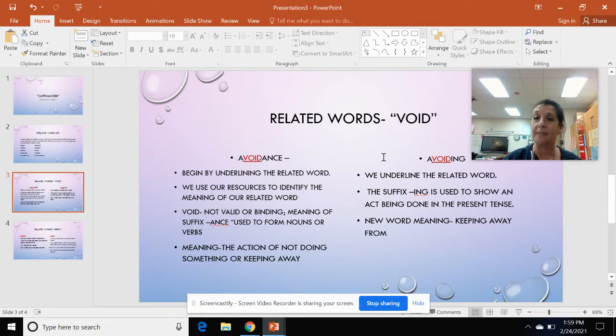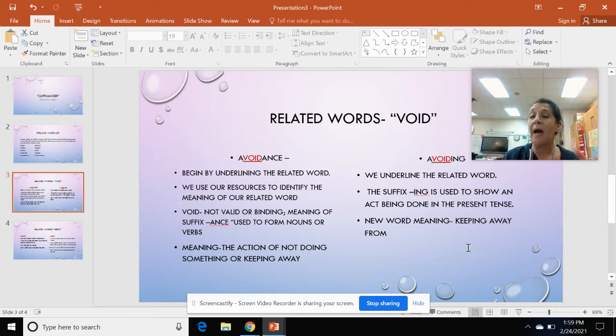Okay, very good. Now, let's take a look over here. Avoiding is going to be a little bit different. We still have underlined. We still have the same related word. We already know what that means because we said it over here. It's not valid or binding, but we have a different suffix. The suffix ing is used here instead. Well, we know from previous lessons and even from yesterday that ing is used to show an act of being done in present tense.